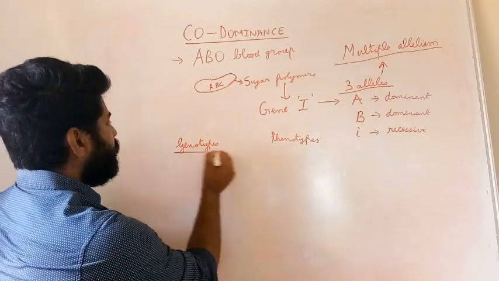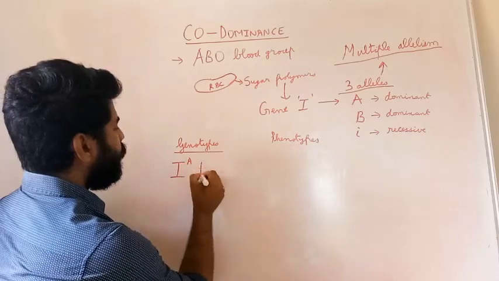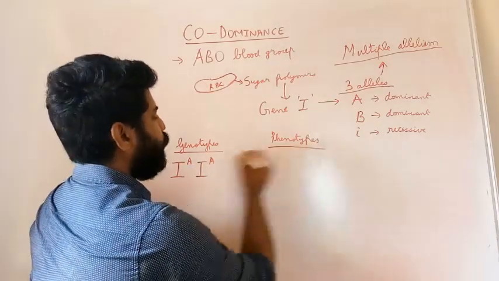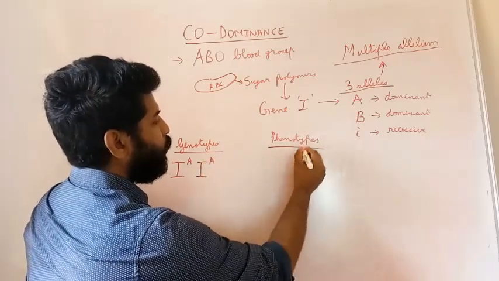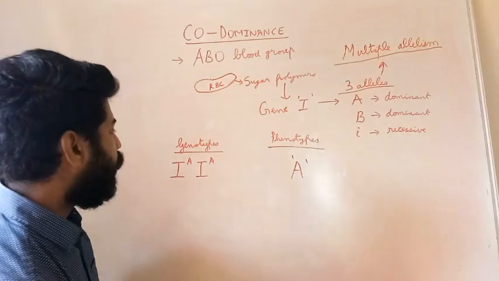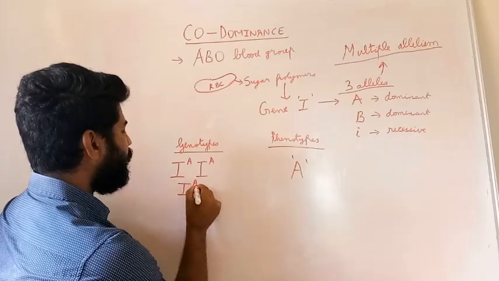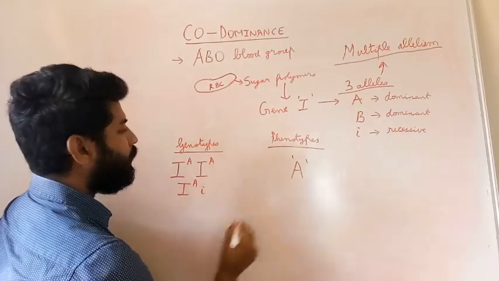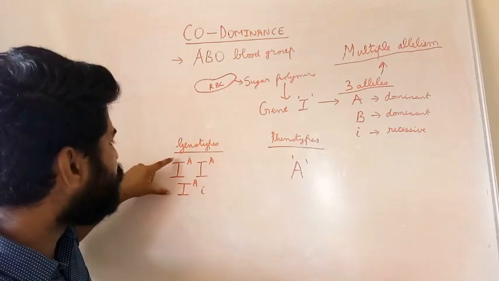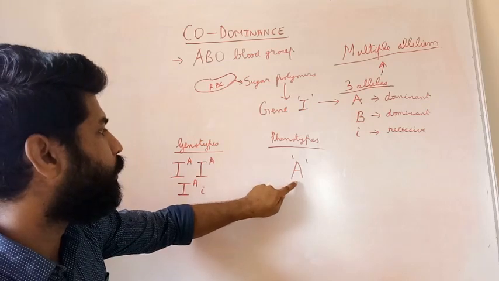So, in the case of this combination where both the chromosomes contain the same allele IA, both are dominant, the phenotype is blood group A. Also, if the genotype is IA and small i, it will result in A because i is recessive. So these two genotypes IA IA and IA i will result in the blood group A.